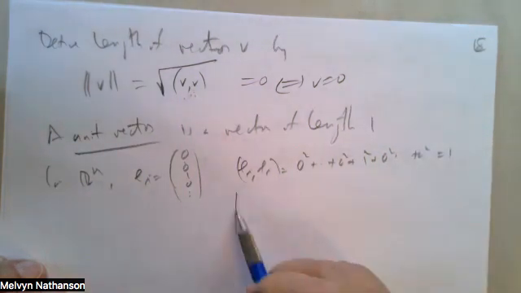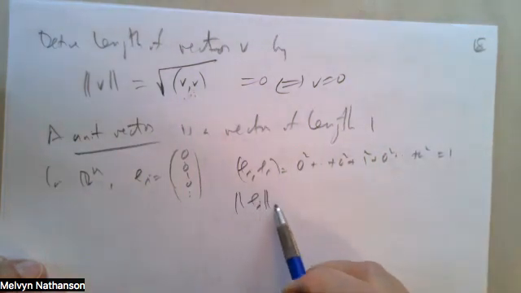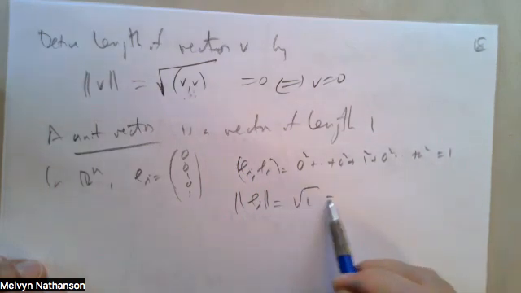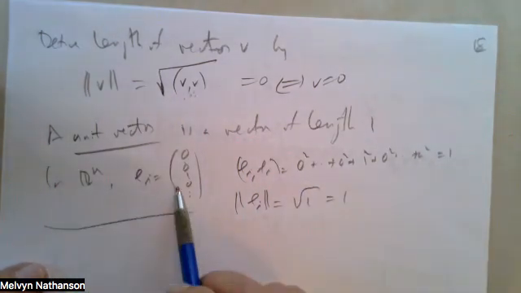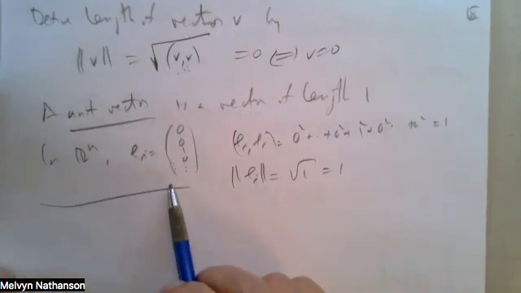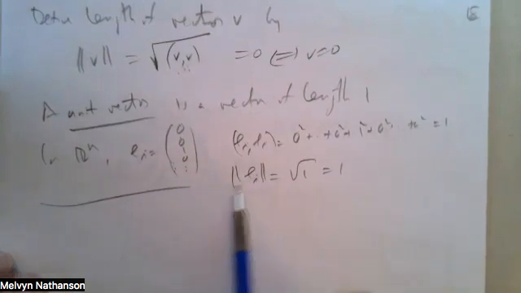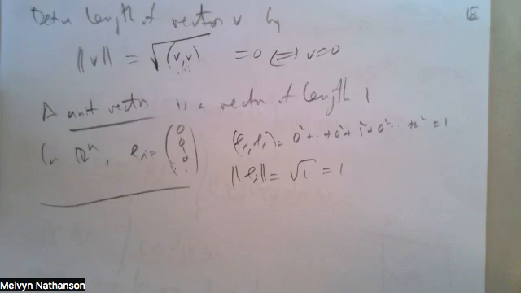It's equal to 1. So the length of ei is square root of 1, which is 1. So the standard basis in Rn consists of unit vectors.